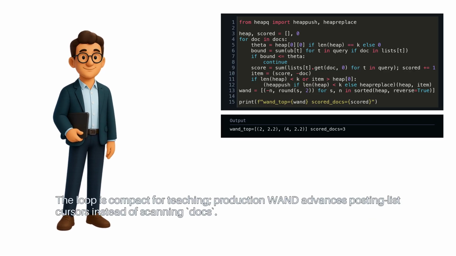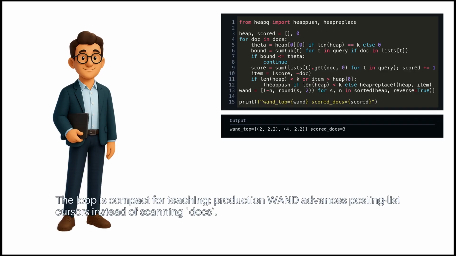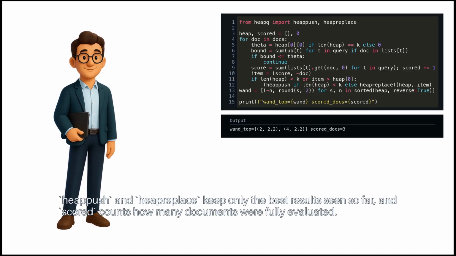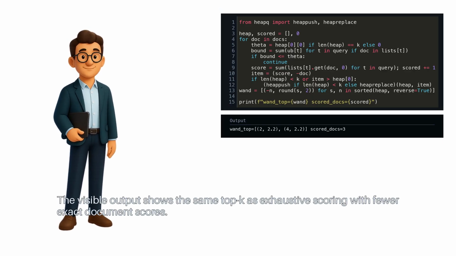The loop is compact for teaching. Production WAND advances posting list cursors instead of scanning docs. Heap push and heap replace keep only the best results seen so far, and scored counts how many documents were fully evaluated. The visible output shows the same top K as exhaustive scoring with fewer exact document scores.